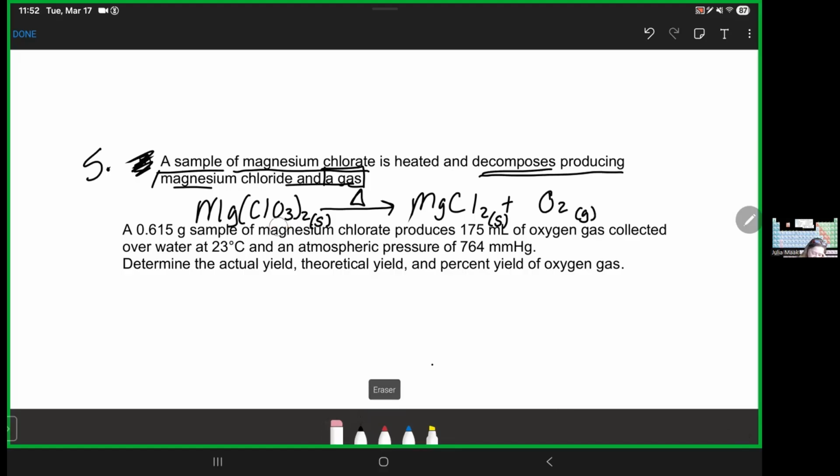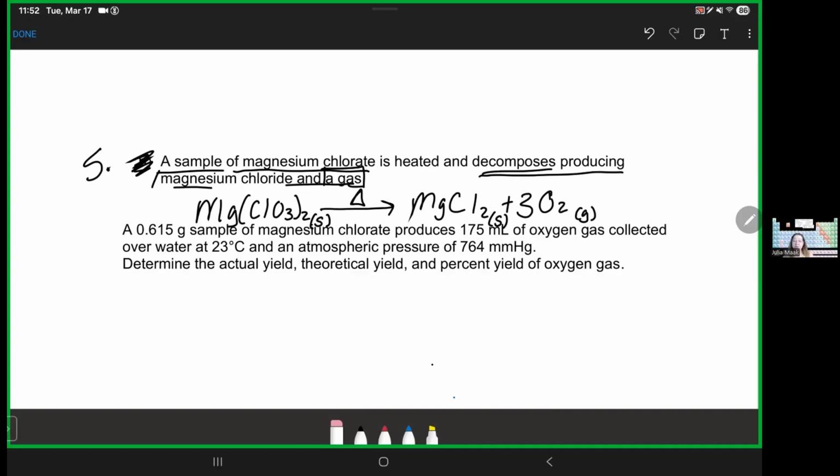Now if we go to balance this thing, I have 1 magnesium and 1 magnesium. I have here my 2 chlorides and 2 chlorides. Here I have 6 oxygens. So I'm going to put a 3 in front of the O2, and now I have 6 oxygens. So I'm balanced.